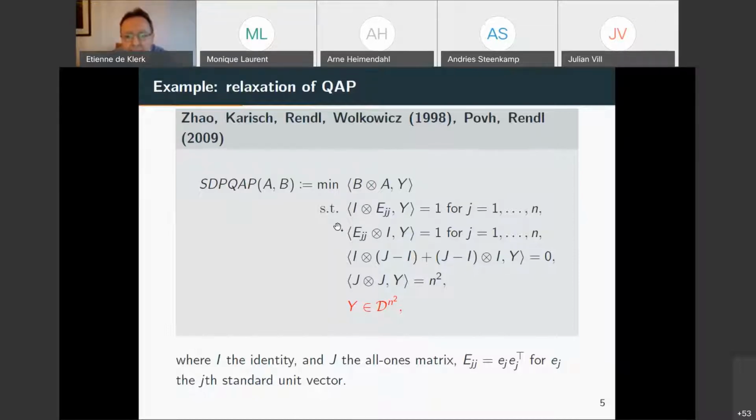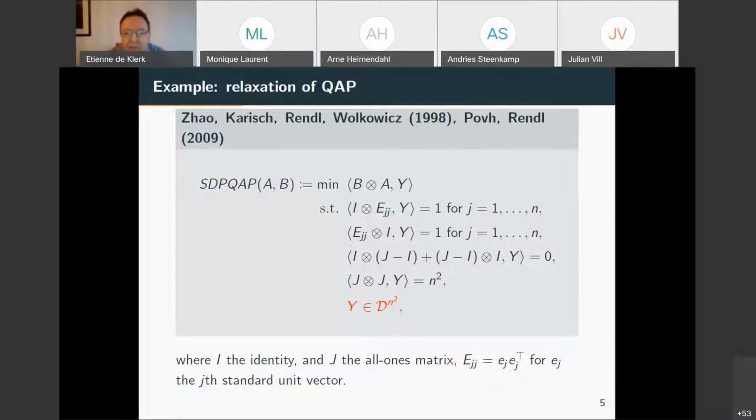And then these linear conditions, you can verify for yourself: if Y is indeed this dyadic product of the vectorized permutation matrices, then all these constraints will hold. Just the notation: I is the identity, J is the all ones matrix, and these E_JJ are 0,1 matrices with only one non-zero element on the diagonal at position JJ, or if you will, just the dyadic product of the standard unit vector.